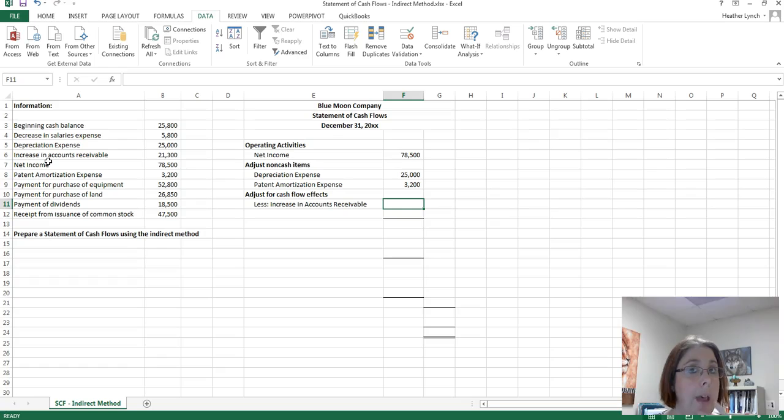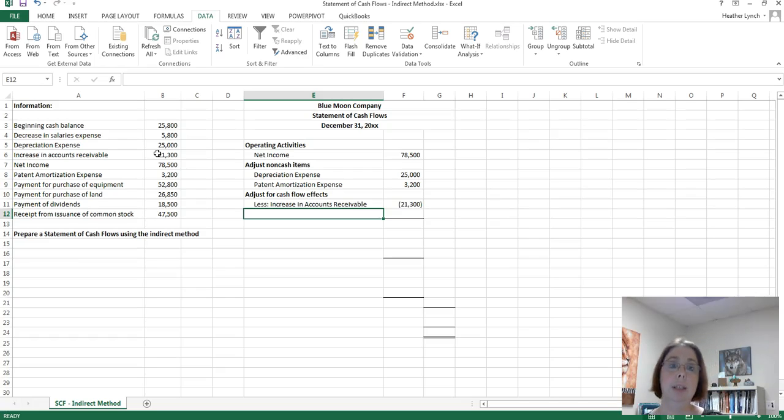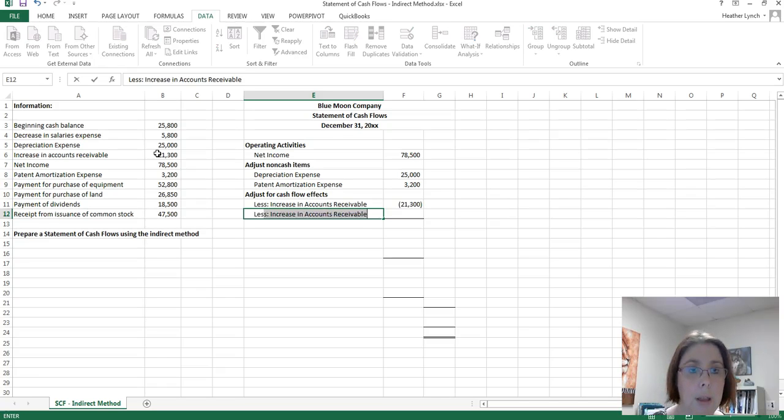For sales, you have to have cost of goods sold, which also adjusts your net income. So I have to put in a negative. Less increase in accounts receivable, $21,300.